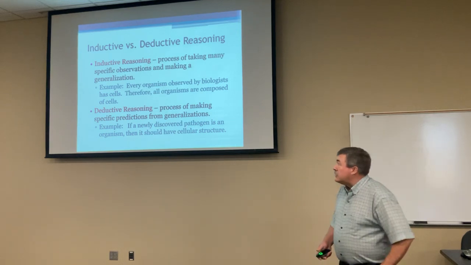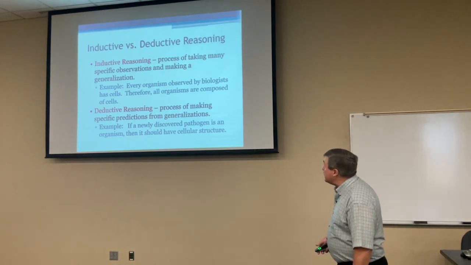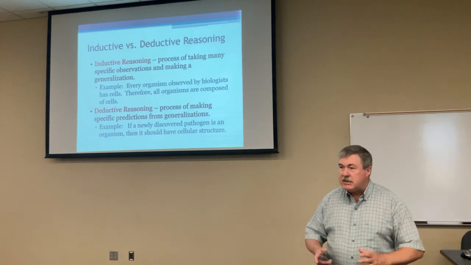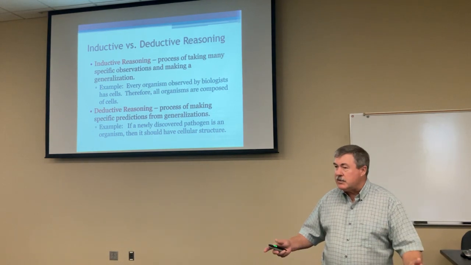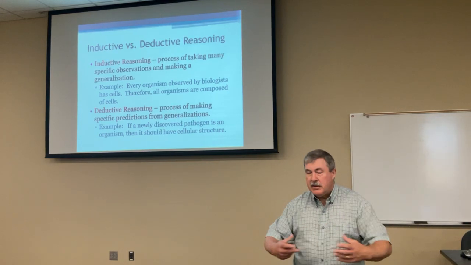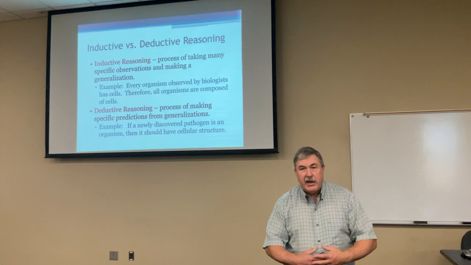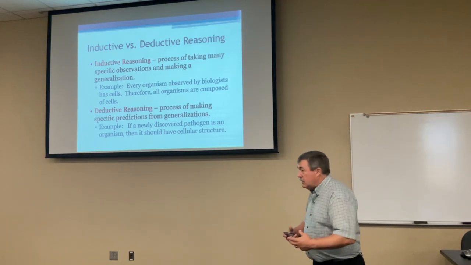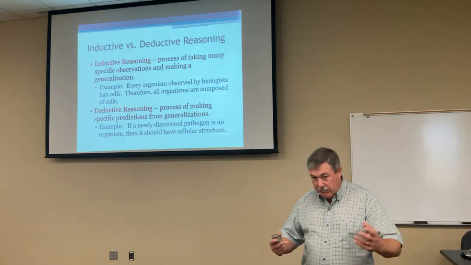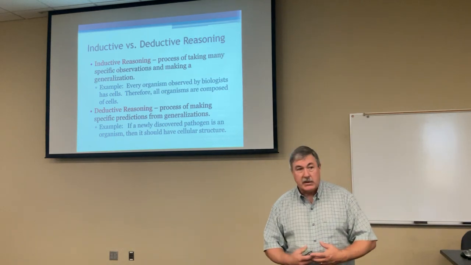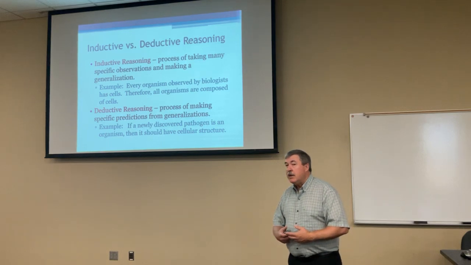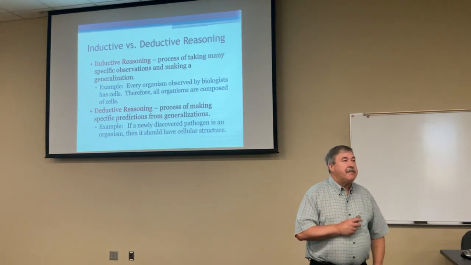Inductive reasoning is a process of taking many different specific observations and then putting those separate observations together to make a generalization about maybe how something works or how something is structured. Okay, so let me give you an example.